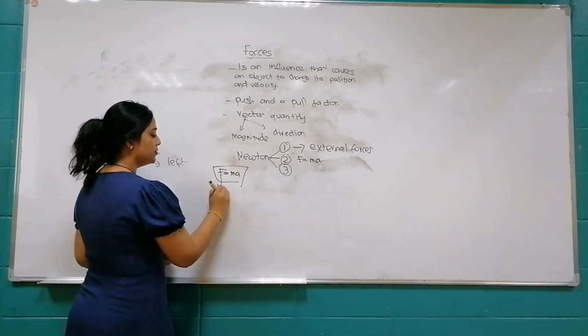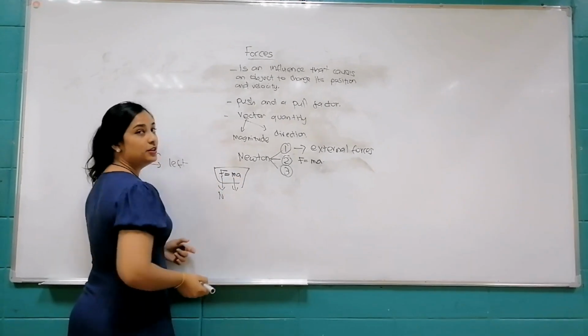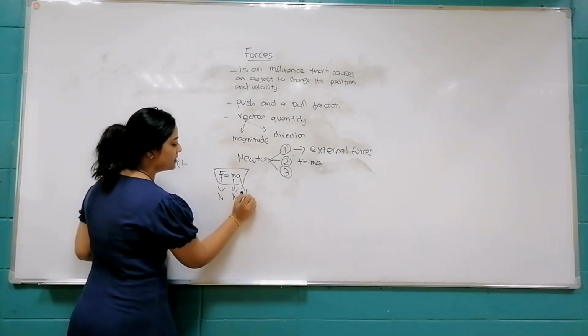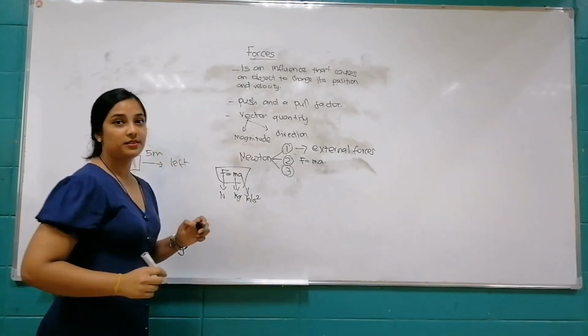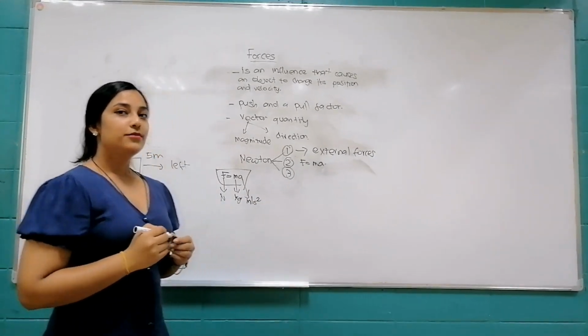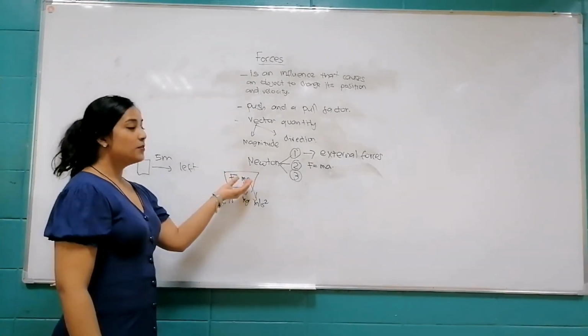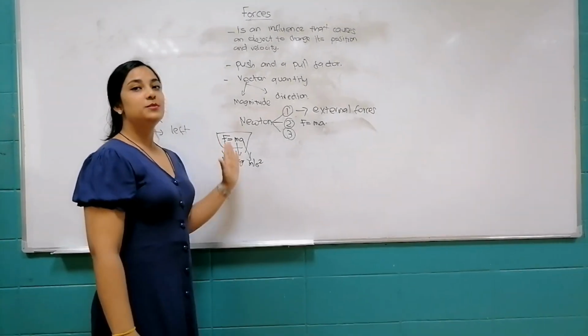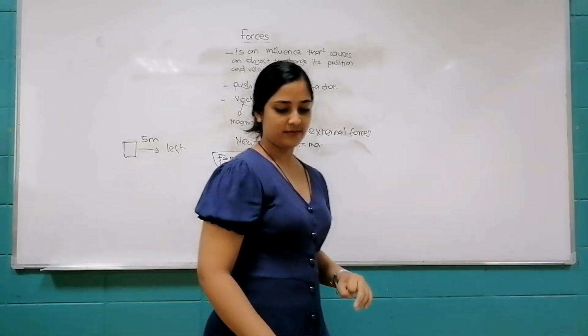Force is measured in newtons. The SI unit for mass is kg, and the SI unit for acceleration is meters per second square. Also, if you add more mass, then your force will increase. It means force is directly proportional to mass.